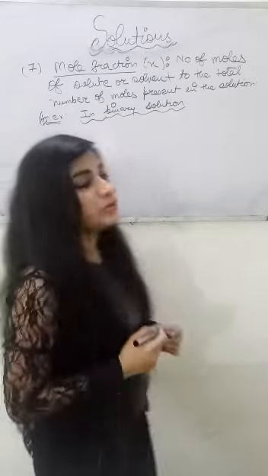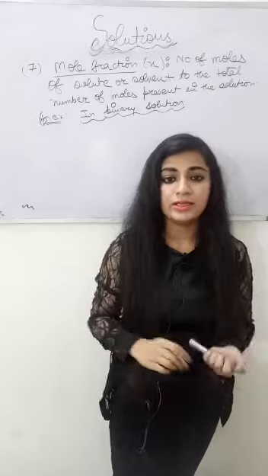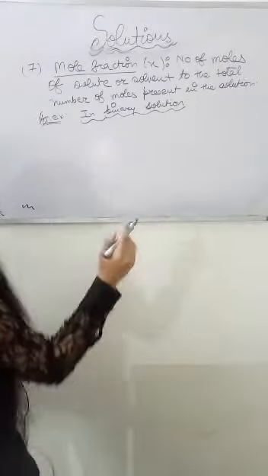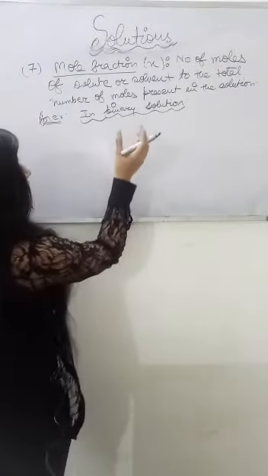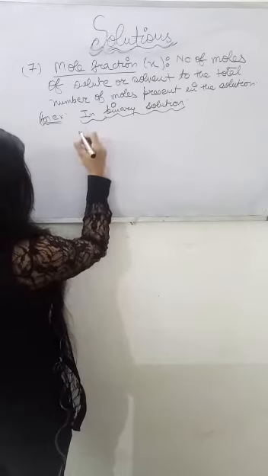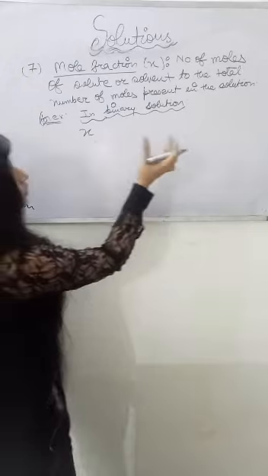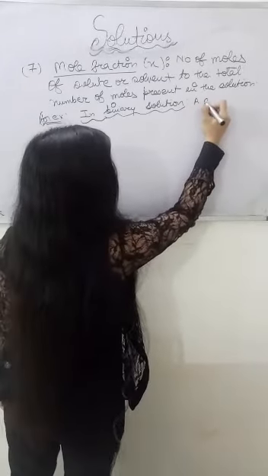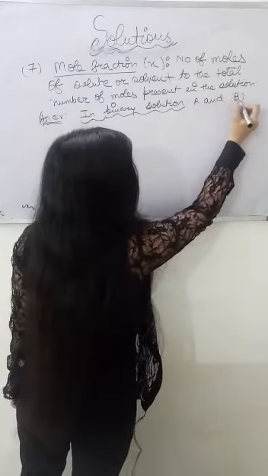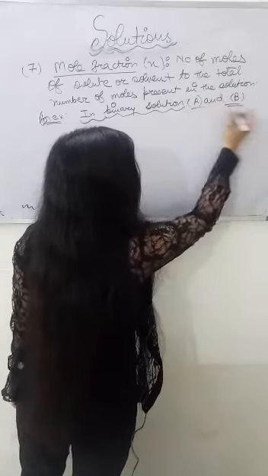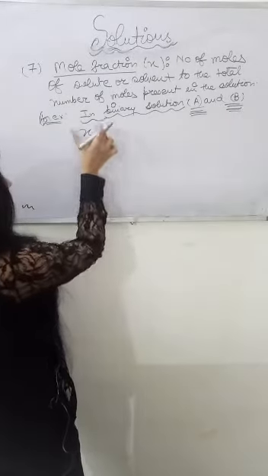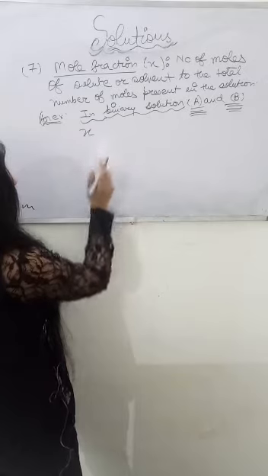If we apply mole fraction to a binary solution, we have this formula. The mole fraction is represented by X. So if we take two components, A and B, one component stands for A and another for B. Now X represents what? X represents mole fraction.